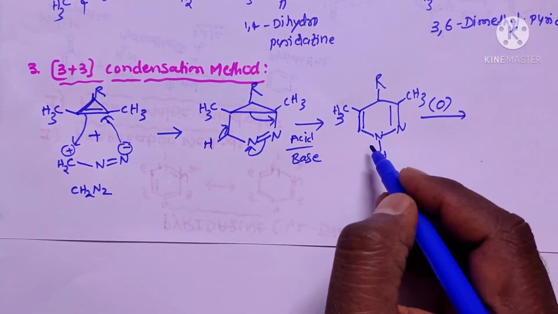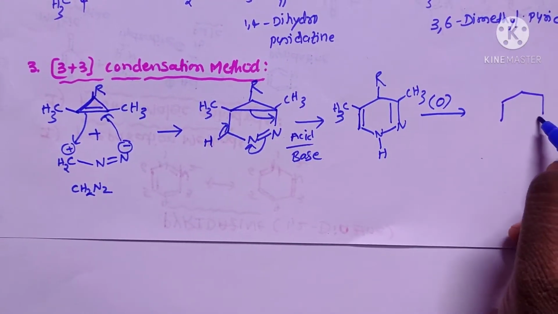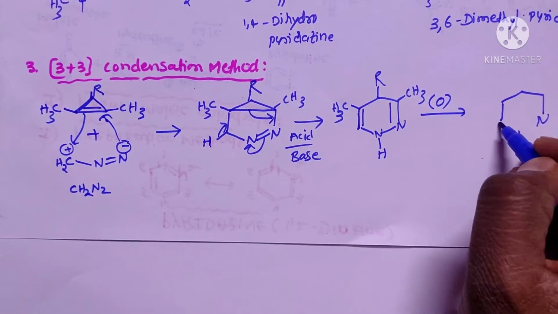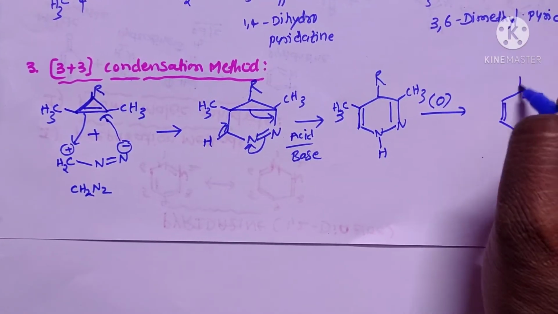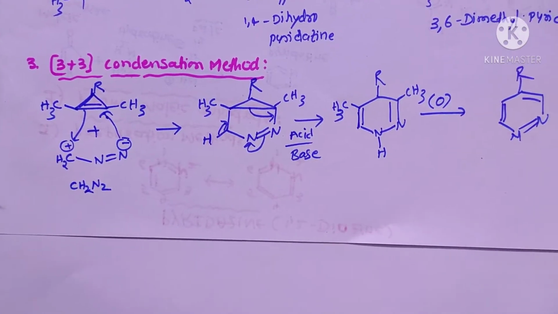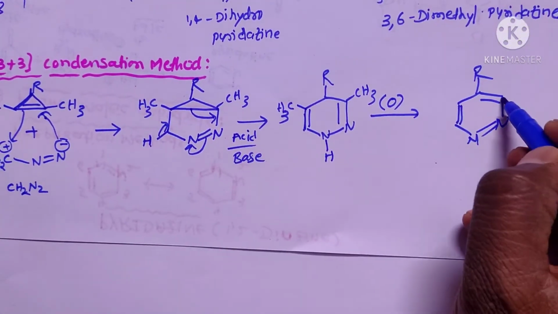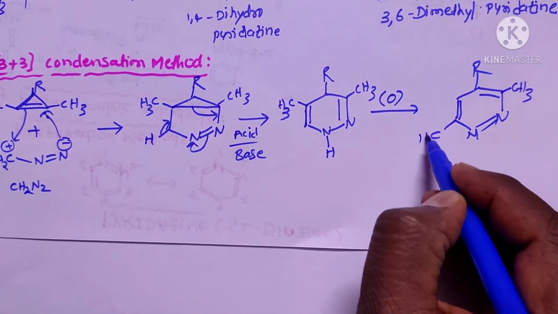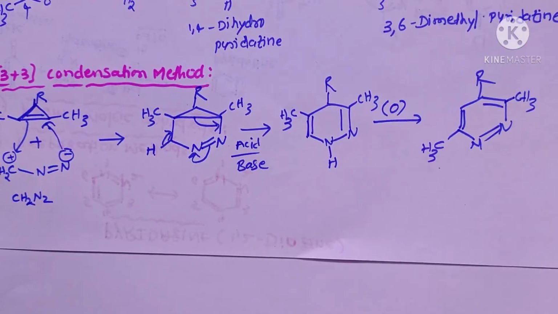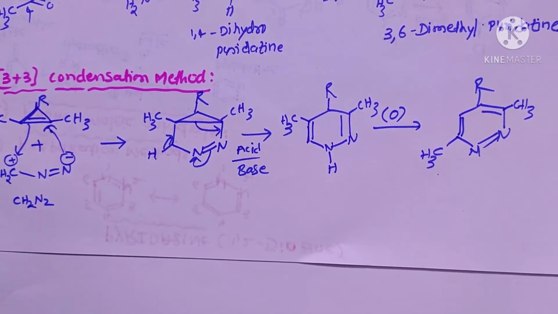So if we oxidize this one, we get the pyridazine derivative. Here we put one CH3 and another CH3. Okay, so that is the pyridazine derivative, and this is the third preparation method.